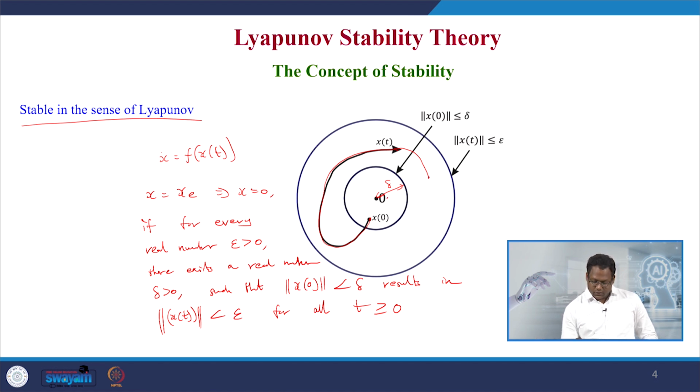That means it will not cross this radius epsilon. So the system is stable at this equilibrium point in the sense of Lyapunov.